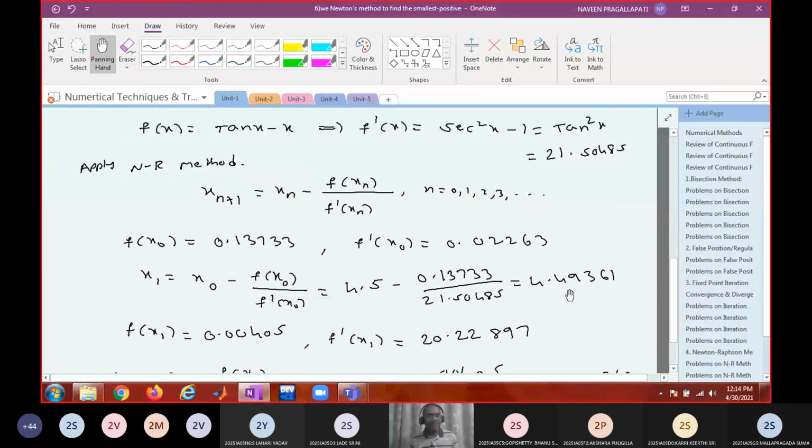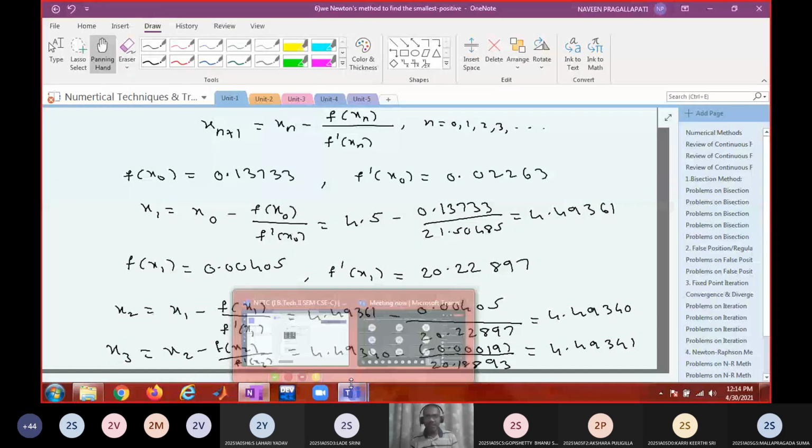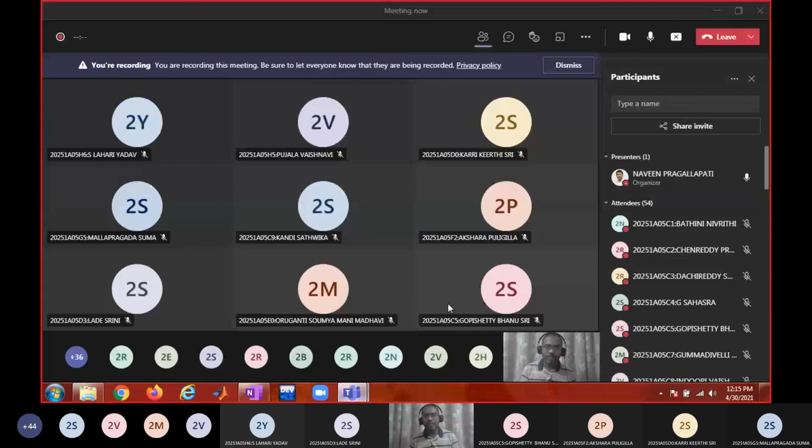So if you are getting a convergent sequence with 4.3 too, the calculation must have been wrong. That is what I can conclude. Yes, sir. I got 9 iterations. Okay, how many iterations you took? 9, sir. 9 iterations. Okay.